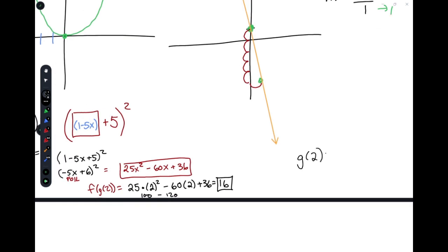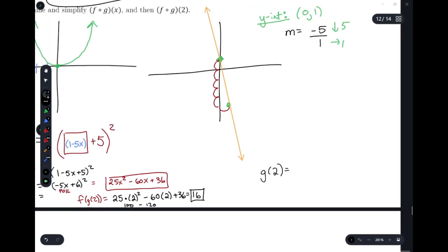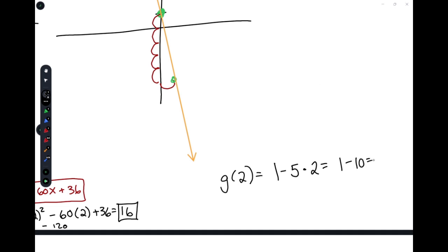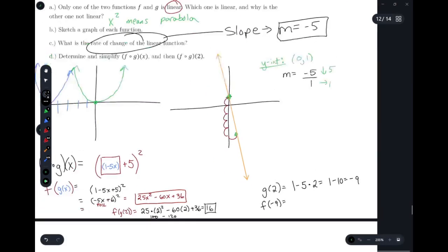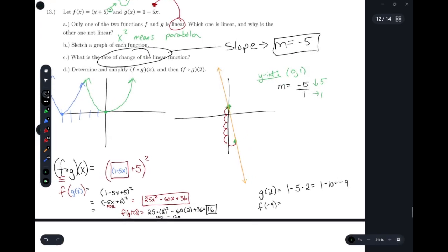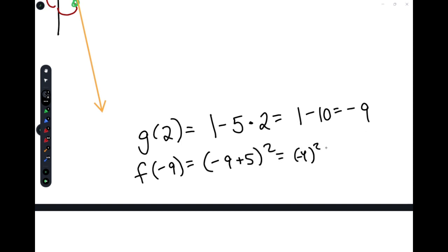What's g of 2? 1 minus 5 times 2? So 1 minus 10, negative 9. What's f of negative 9? Negative 9 plus 5 squared, which is negative 4 squared.